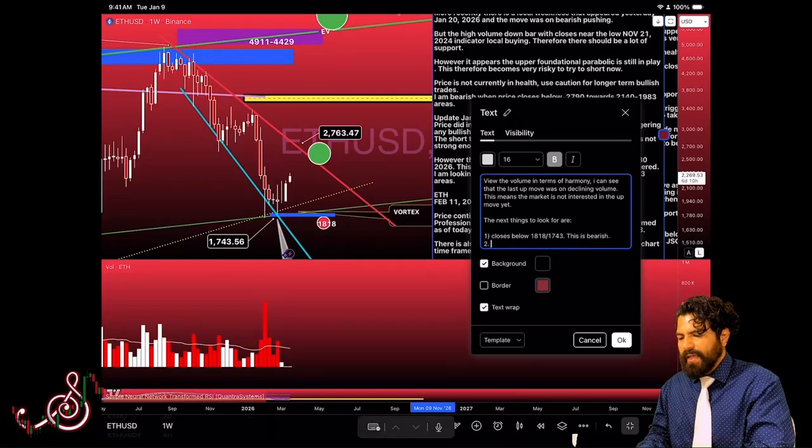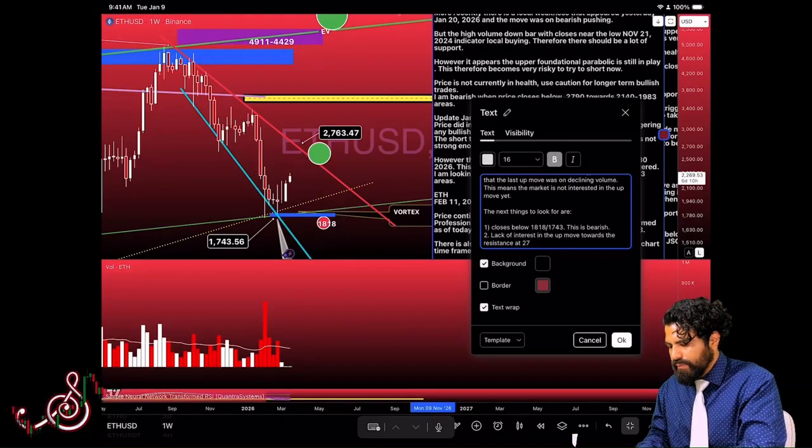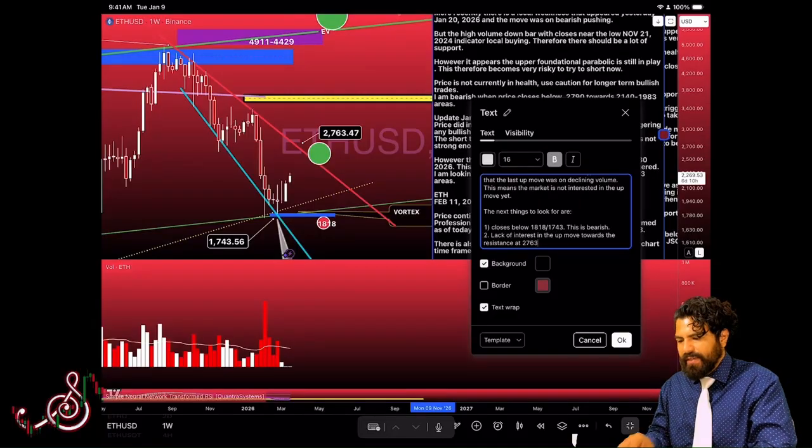Next, number 2, lack of interest in the up move. They're not interested if you see this lack of interest in the up move towards the resistance at 2763.